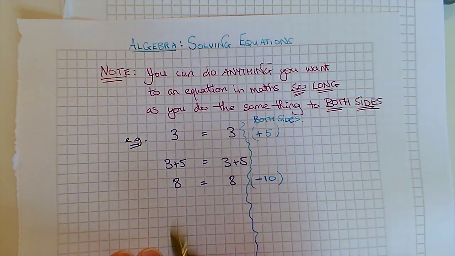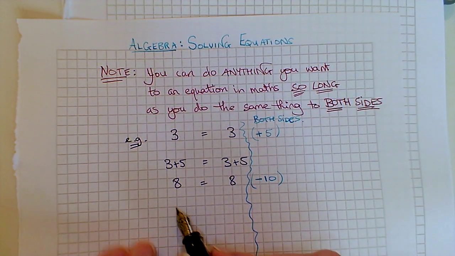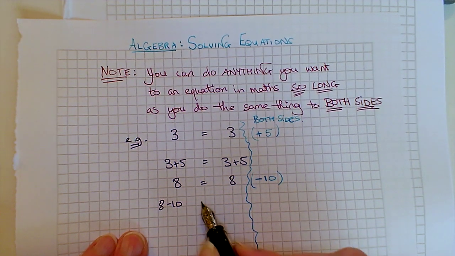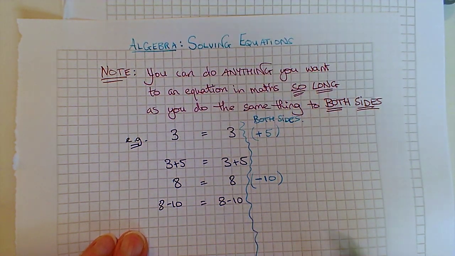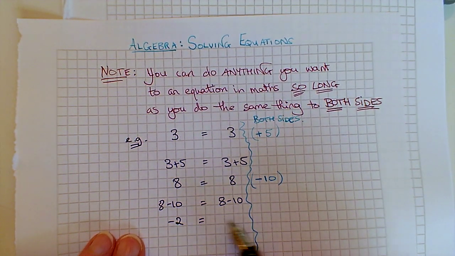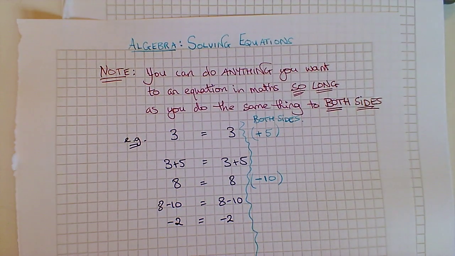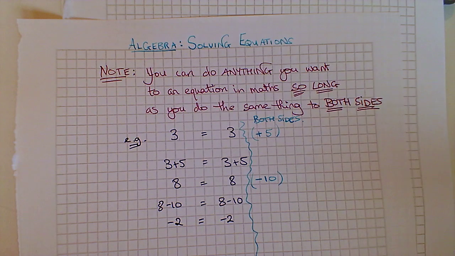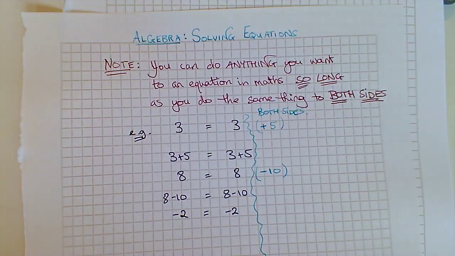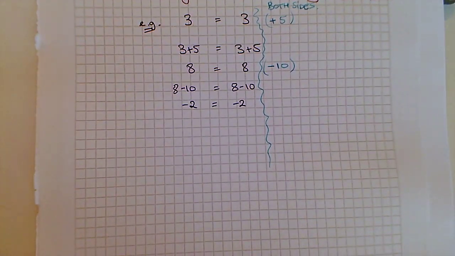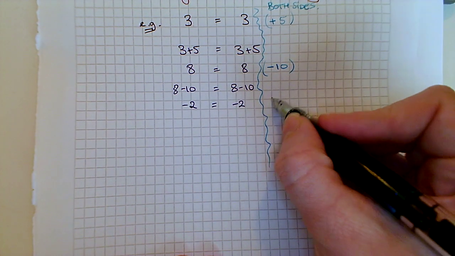So if I subtract 10 from both sides, is 8 minus 10 equal to 8 minus 10? It seems nearly too simple to even write it down. Minus 2 is equal to minus 2. So you can see that what's happening is equality is preserved. So long as I do the same thing to both sides of the equation, I'm not changing anything.